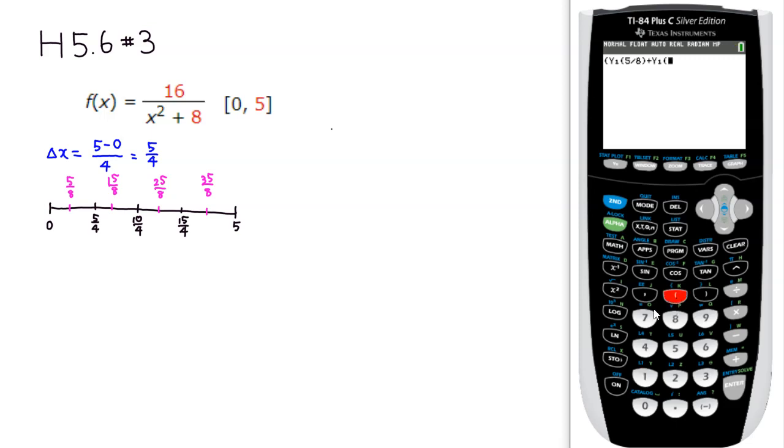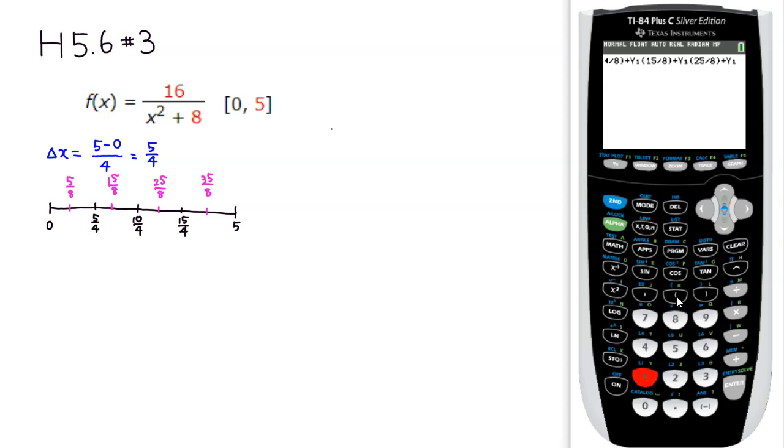Then I'm going to put 15 over 8, and plus, Y-Vars again, y1. Then we plug in the third number, 25 over 8. Then plus, again Y-Vars, Function, y1.